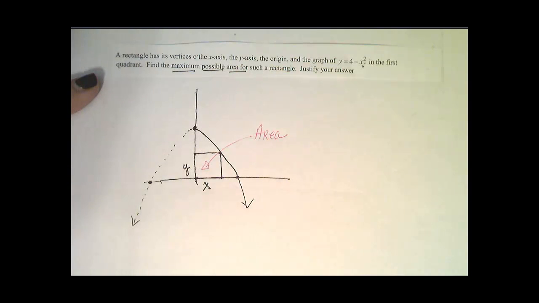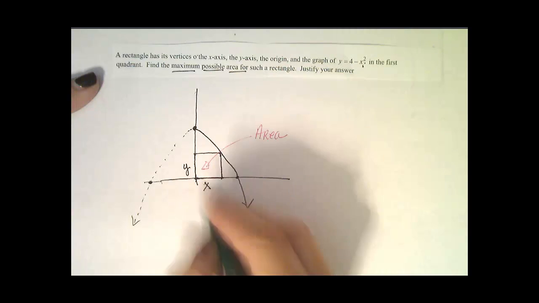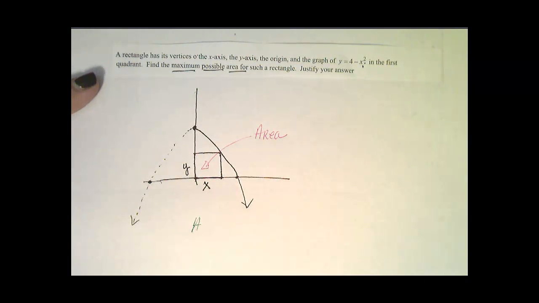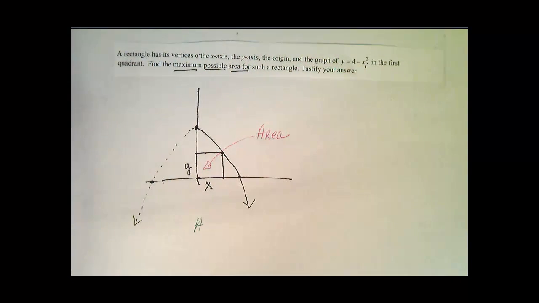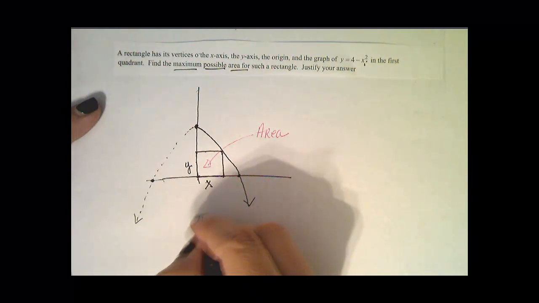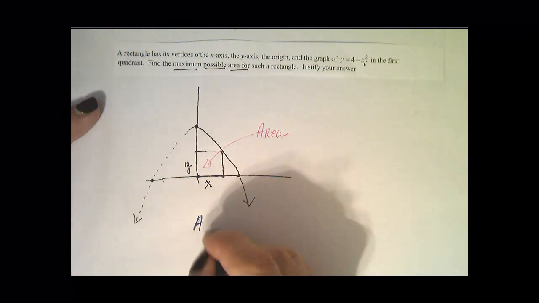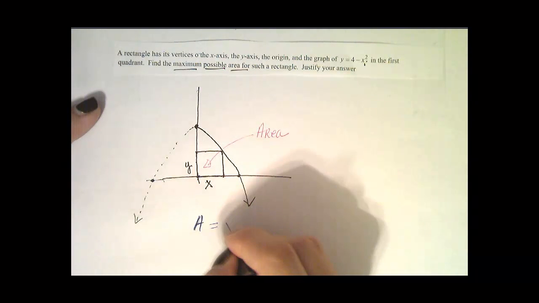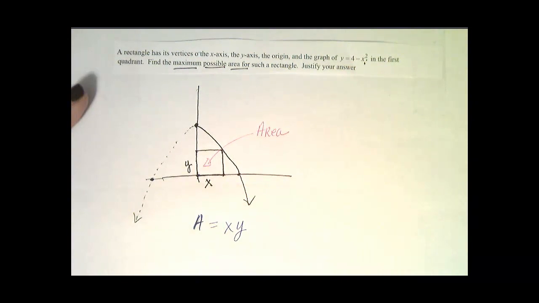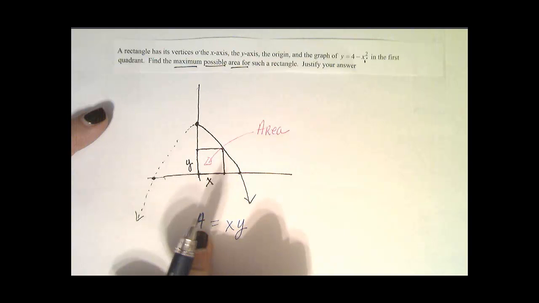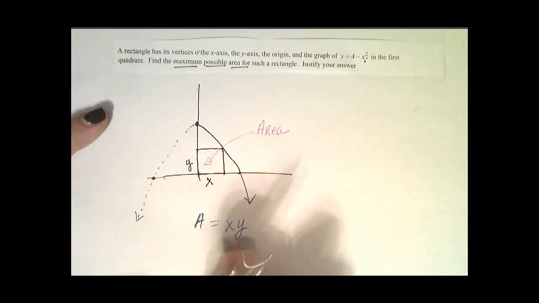That pen doesn't work so well, so let's get a different color. We know the area of a rectangle is equal to the base times the height, so x times y. This is the function we want to maximize, and these are our two unknown variables.